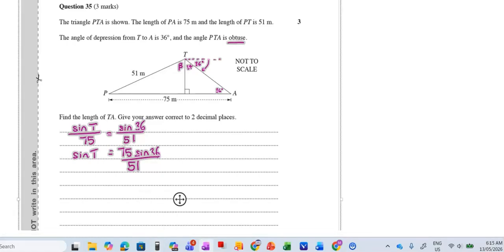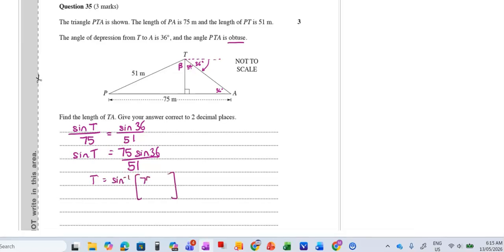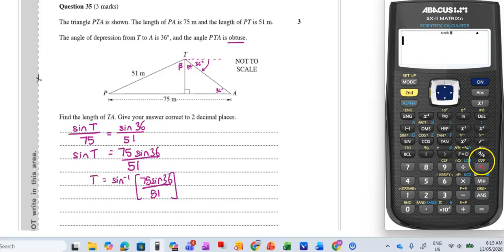Right, so T is the inverse sine of all that. So if I inverse sine my answer, I get that T is 59.81 degrees.